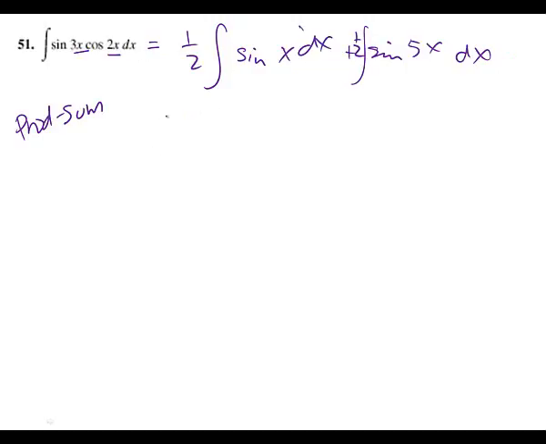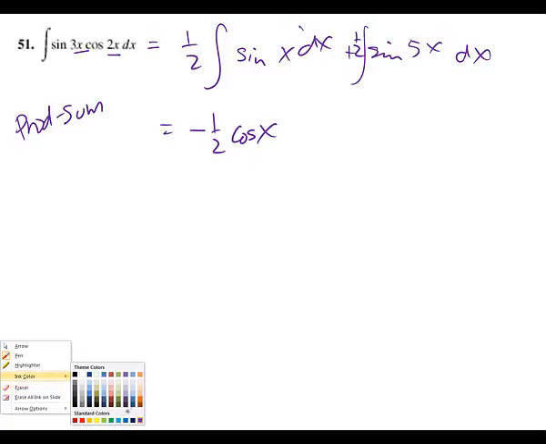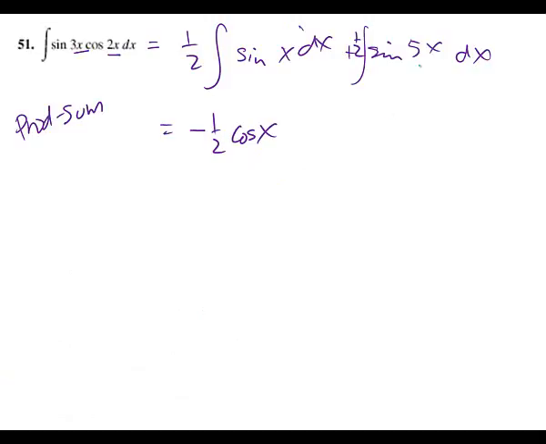Alright, when you integrate sine x, what do we get? Negative cosine x. Okay, now I need a U-substitution over here, don't I? Yeah. So what is the u? 5. So u equals 5x, which means that du equals 5 dx. So you've got 1/5 du.